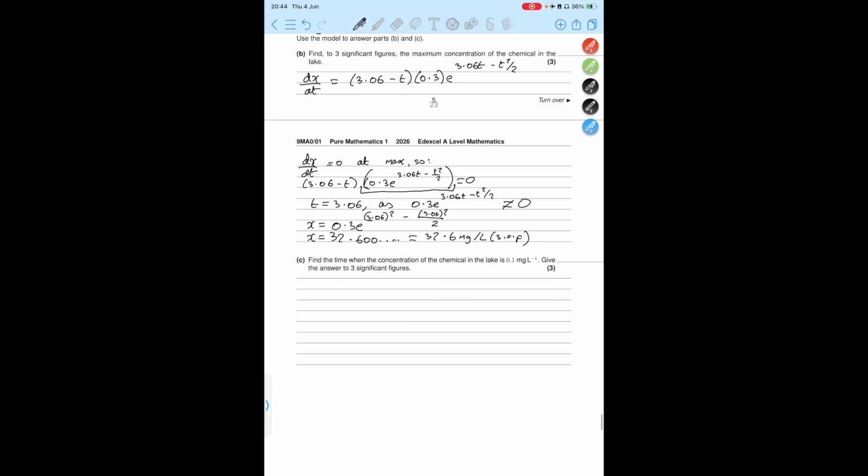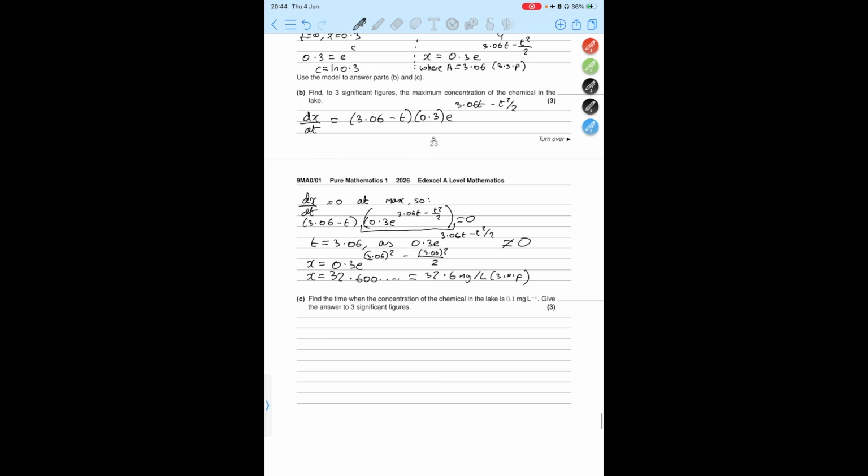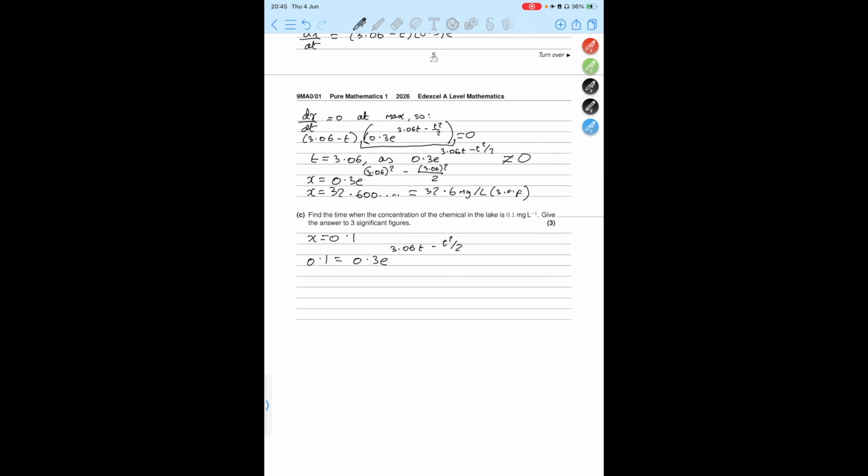Now part C. Find the time at which the concentration is 0.1 milligrams per liter. Now we're pretty much doing the opposite. We know that x is equal to 0.1. So 0.1 equals 0.3 e to the 3.06 t minus t squared over 2. Let's divide by 0.3.